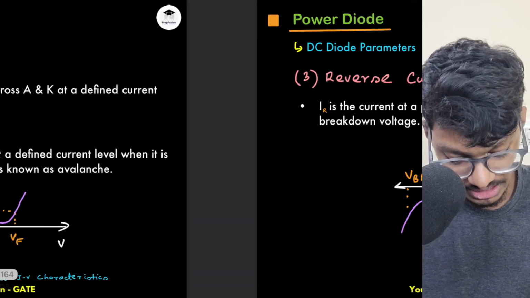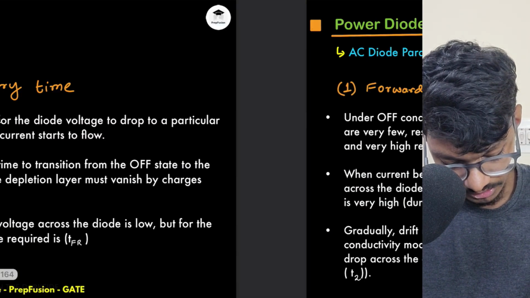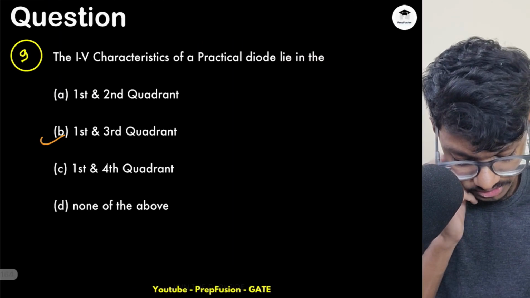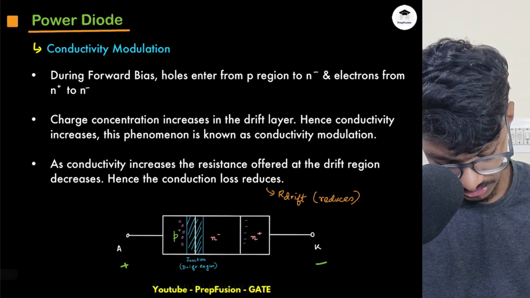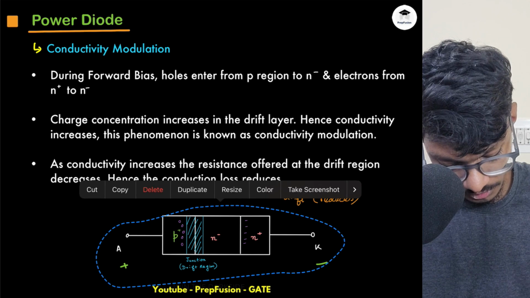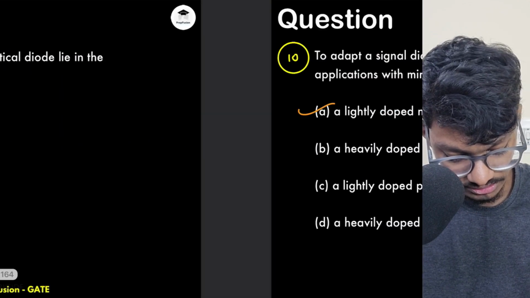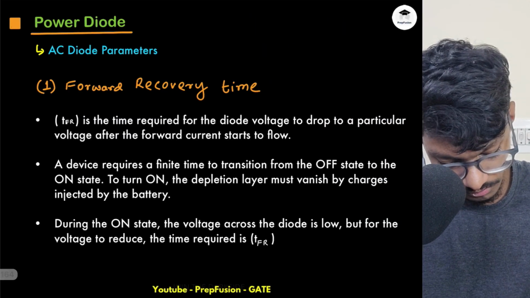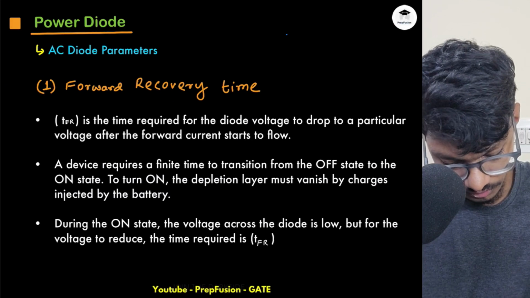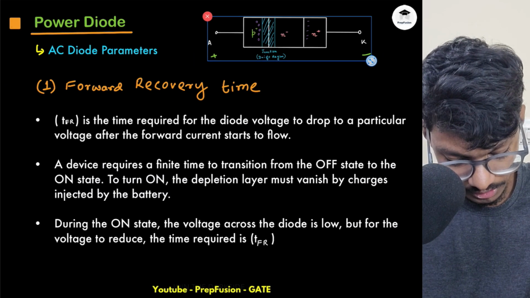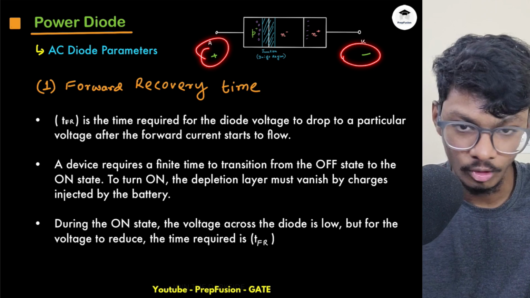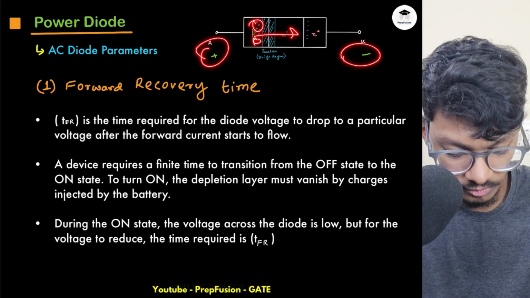So what is happening? I've explained it in the diagram as well. If I just copy this circuit, this construction. As soon as I apply a forward voltage, the charge carriers will flow, right?